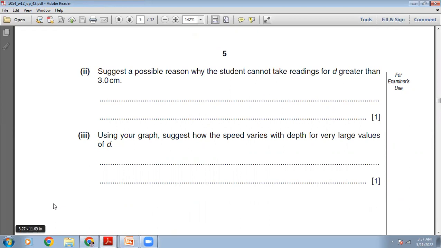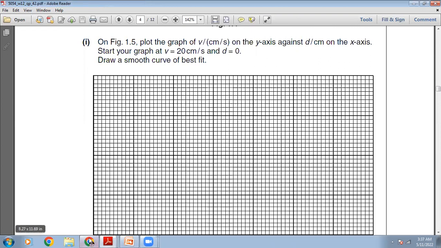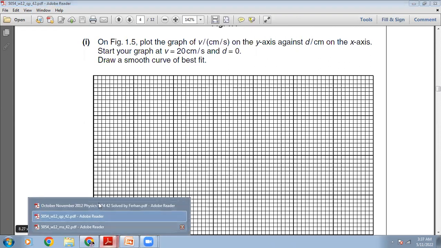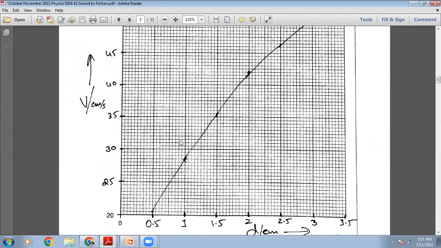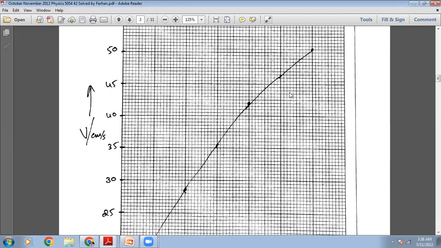Using your graph, suggest how the speed varies with the depth for very large values of d. So if you look at the graph, you see the slope. Here the slope is larger, but here the slope is decreasing.